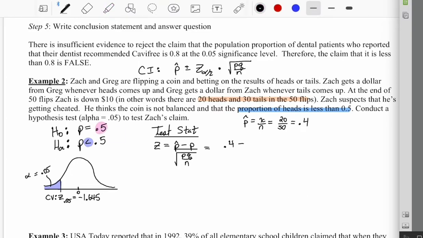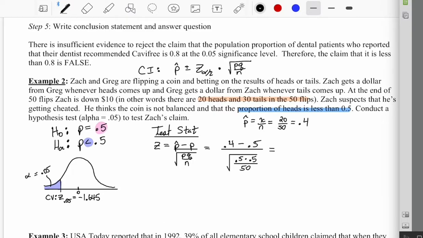That's our benchmark. That's our cutoff. So 0.4 minus 0.5 over the square root of p q over n. P is 0.5, or assumed to be 0.5. Q is 1 minus p, so also 0.5. And the n value, they said there were 50 trials, so n is 50.